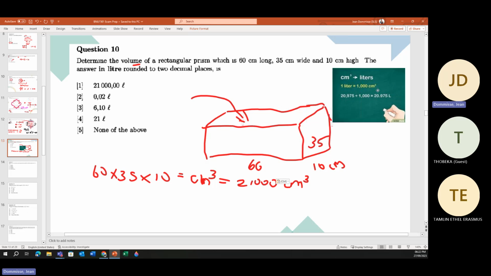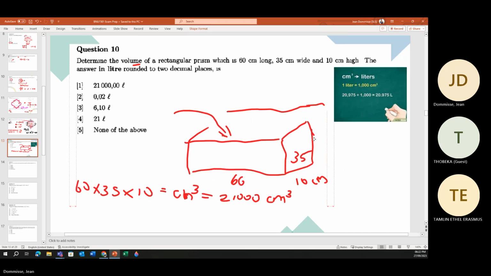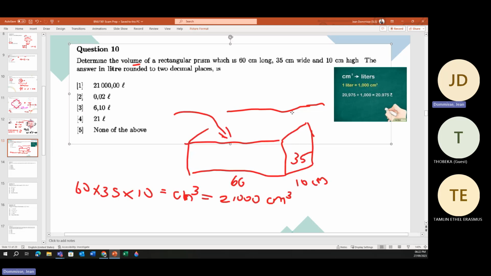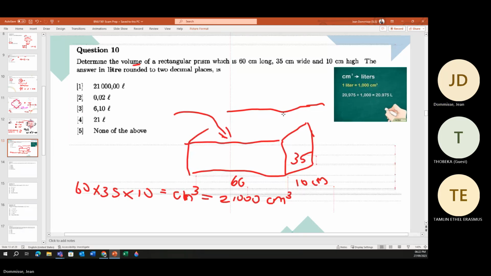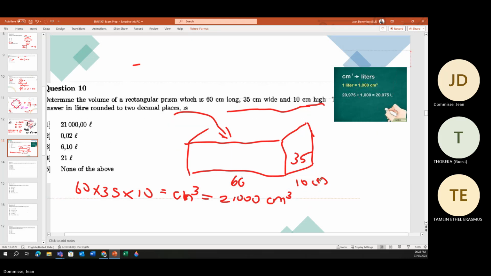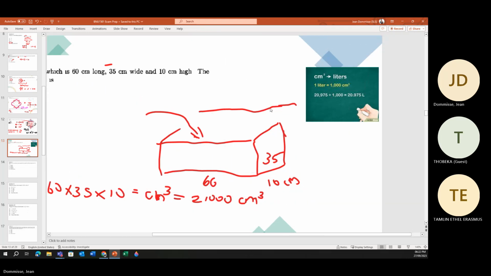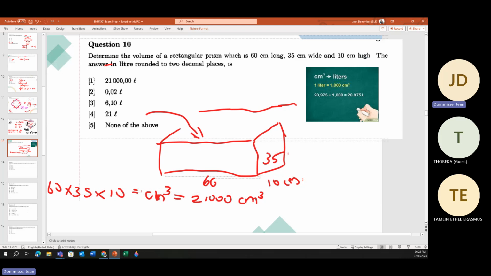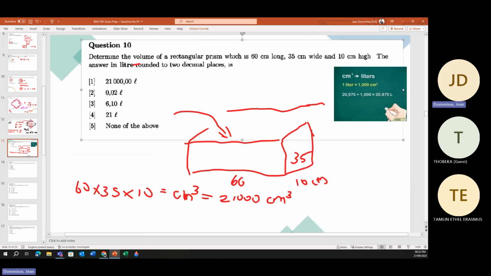Let's just move this one. Okay, it doesn't want to move, but that's fine.